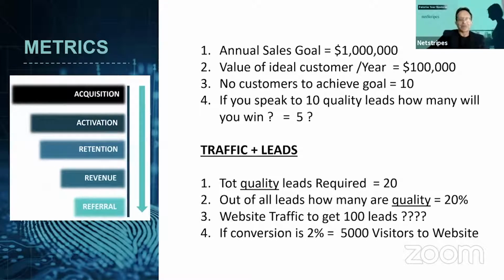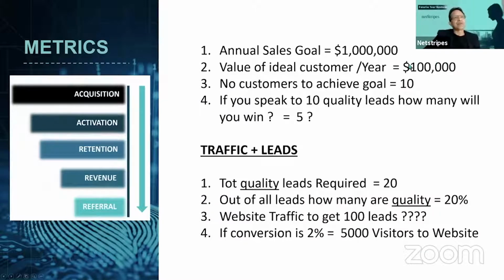Annual sales goal of $1 million. Value of ideal customer per year. You need to know how much your ideal customer is worth per year. In this case, I'm assuming this could be, say, a builder. The builder wants to make $1 million in this financial year, and each renovation they do from a revenue perspective is worth $100,000 for them.